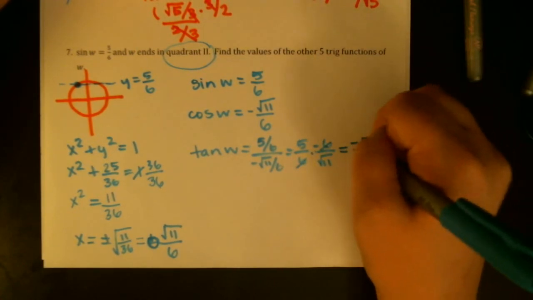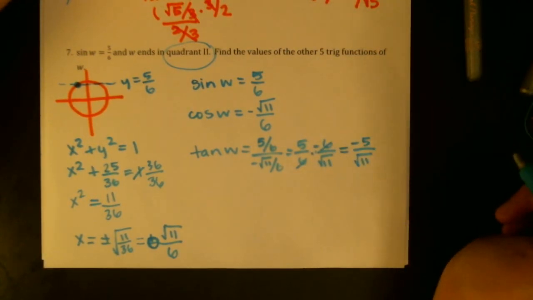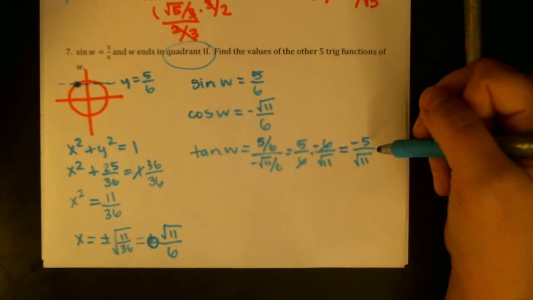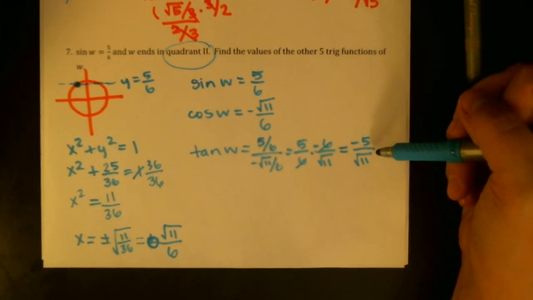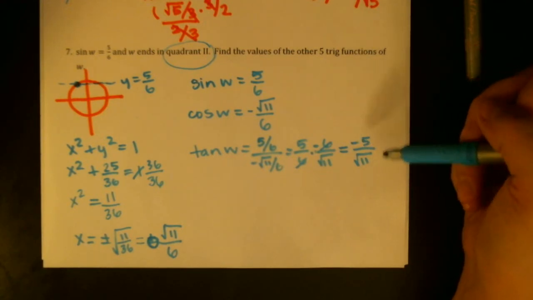I hope after not too long you've done enough of these that you get really good at quickly zipping through some of that fractions work. So a negative 5 over root 11. And once again, I don't care if you rationalize the denominator. If you think you're not good at it, run through it a few times until it becomes really easy. Here you'd multiply top and bottom by root 11, so you'd have negative 5 root 11 over 11.